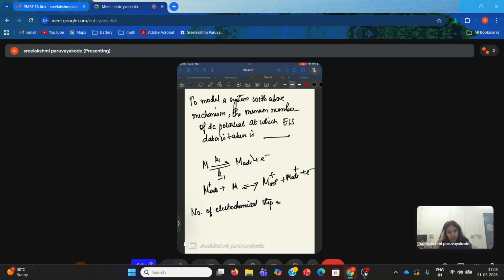You have one forward, one backward, and the second step. So totally three steps. Number of chemical steps, zero. And for each electrochemical step, there will be Ki and Bi. So it will always come in pairs. So the number of kinetic parameters resulting from electrochemical steps is 3 into 2. The chemical step, 0. And you also have gamma, so gamma is also a kinetic parameter. You have 7 kinetic parameters.